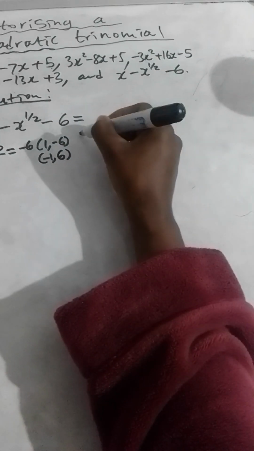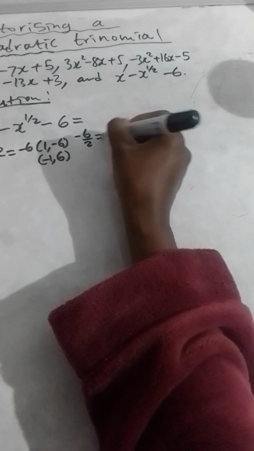-6 divided by 1 is -6. So we get 1 and -6. I took the negative there as well. 1 times -6 is -6. And then to find the other pair of factors, we change the signs of these factors here. So -1 and 6. We get -6 divided by 2 is -3.